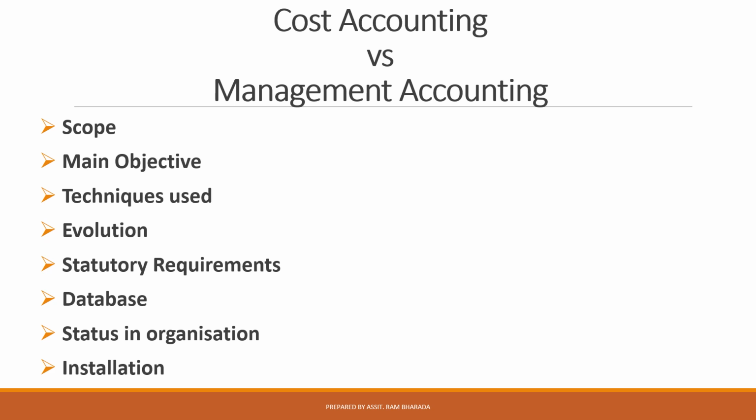In management accounting, we use the database of cost accounting plus financial accounting. Cost accounting is at the lower level in the organization, whereas management accounting is at the top level. For installation of cost accounting, we need only the financial accounting system in the organization. For installation of management accounting, first we need to install financial accounting plus cost accounting.